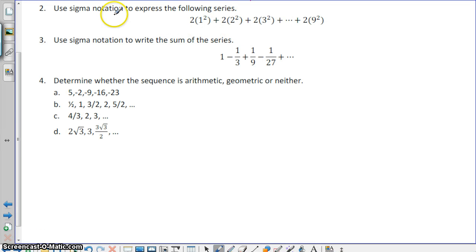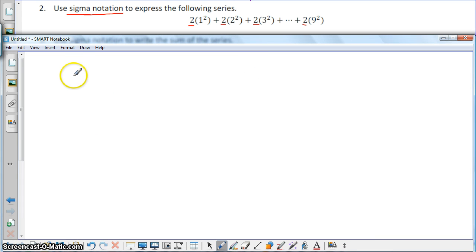Number 2, same thing again, sigma notation. So basically I need to find the pattern. One easy thing is that each one of these has a 2. That doesn't seem to be changing. So as far as the pattern goes, I know I will have 2 there.